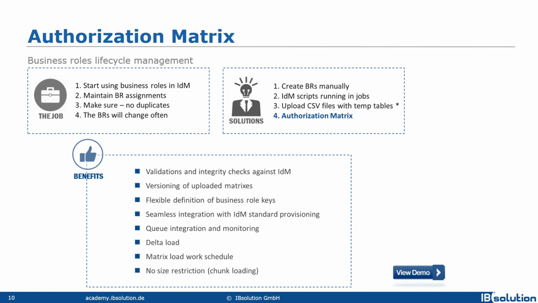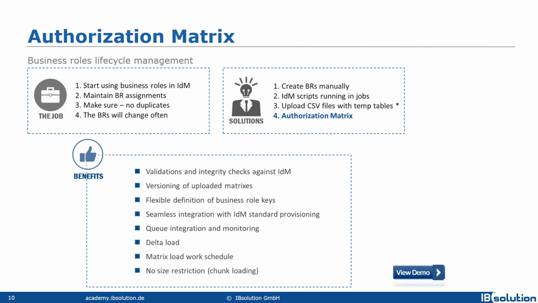The star in all those solutions represents, from our perspective, the most common solution before any of our customers moved to our rapid deployment solution. So the star represents the solution which we found in the IDM system before the customer decided to move to the rapid deployment solution from our side.